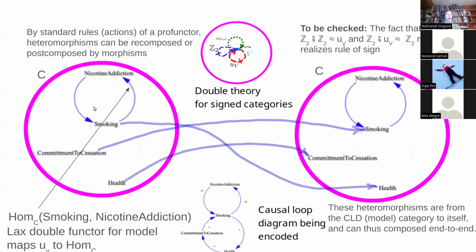That is just what we normally write as Hom of C, right? If we take the Hom from smoking to nicotine addiction, it gives us the set of arrows from smoking to nicotine addiction. That's the Hom profunctor. And we'll see in another coming session how this plays a really important role in the context of representable functors.